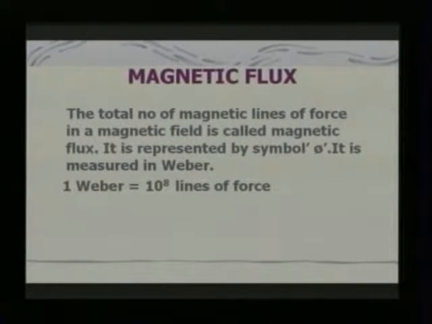The total number of magnetic lines of force in a magnetic field is called magnetic flux. It is represented by the symbol phi. It is measured in Weber. Generally 1 Weber is equal to 10^8 lines of force.